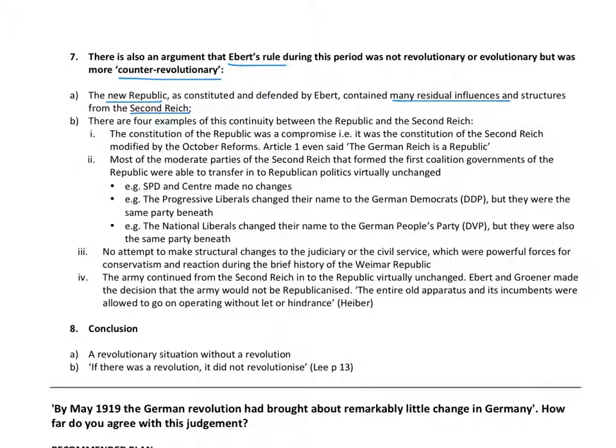There were many residual influences and structures from the Second Reich, and there are 4 examples of that continuity.